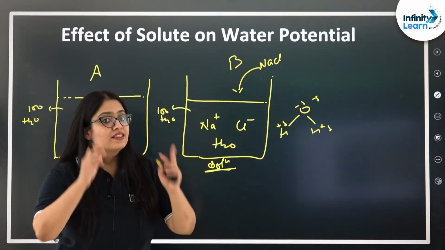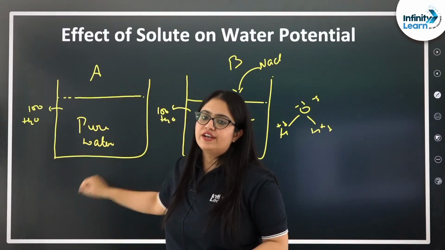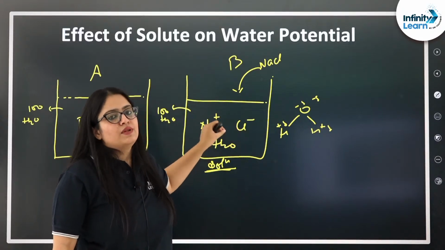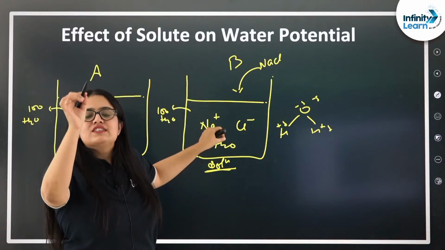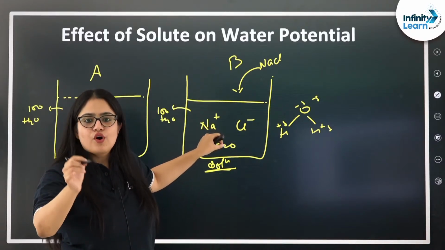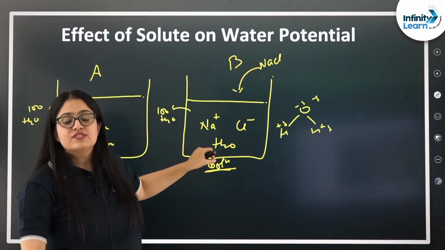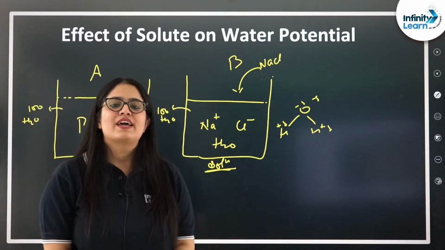As a result, the number of water molecules that were free in this pure solvent are not equal to the number of water molecules that are freely available in this. Hence, the conclusion is, on dissolving solute in pure water, there is a decrease in number of the free water molecules, and hence there is decrease in the water potential, my kids.